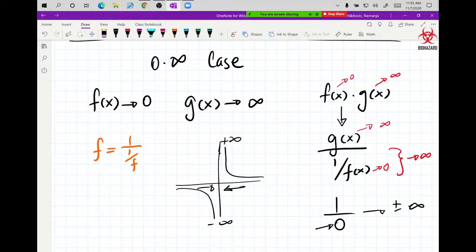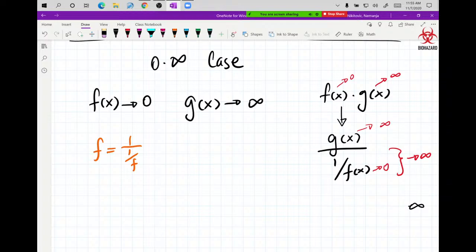That's all we care about. So if f approaches 0, then the entire expression 1 over f approaches infinity. So it's a very easy and clean algebra trick to transform our functions, and this is all we use.